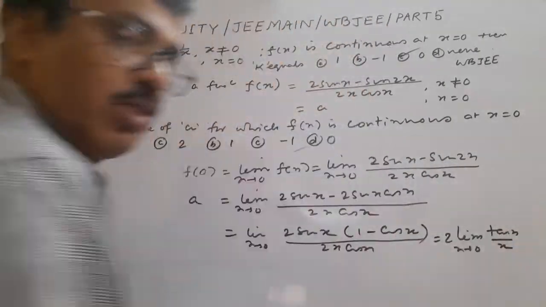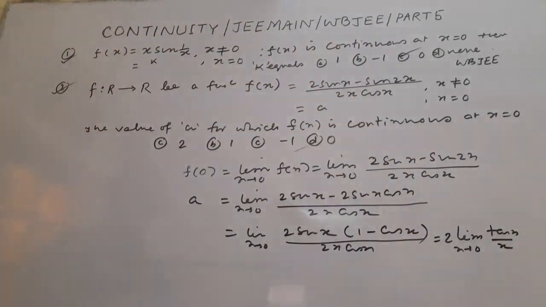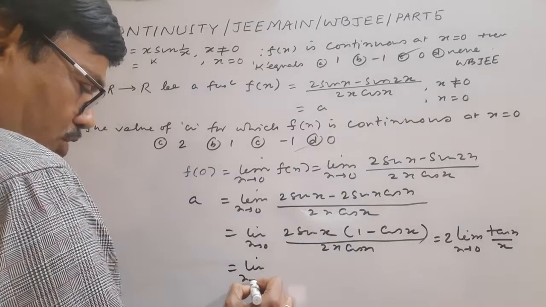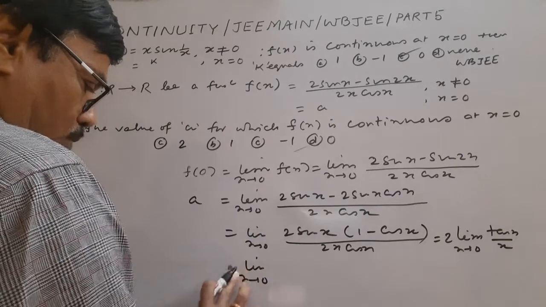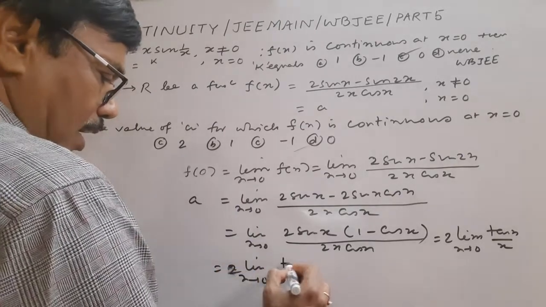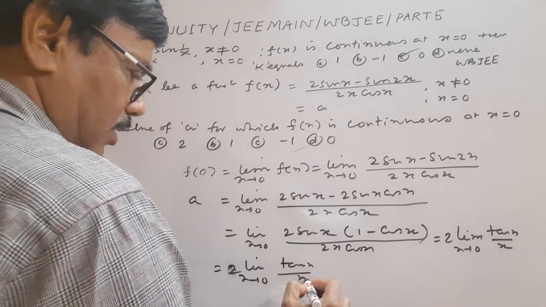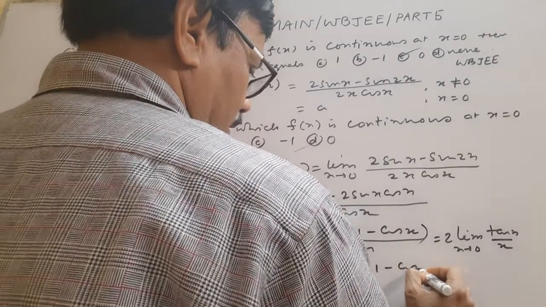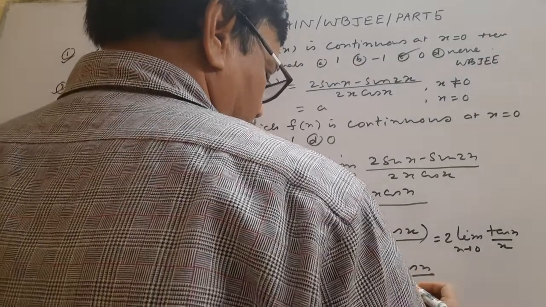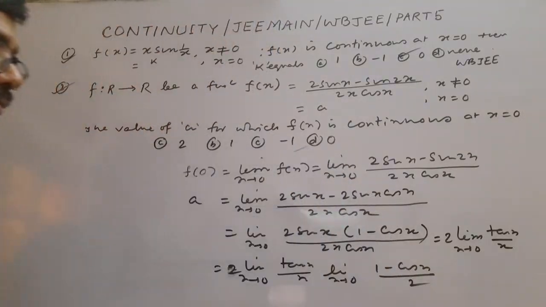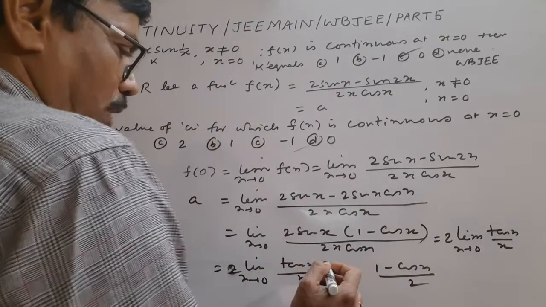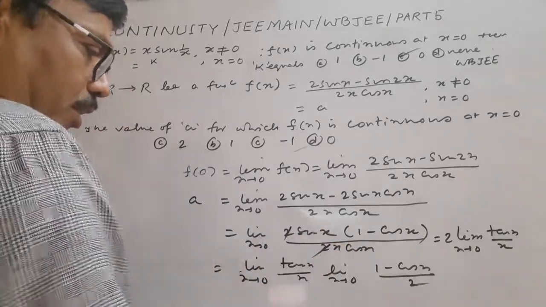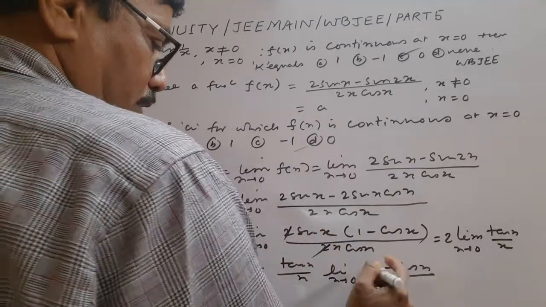So, this is well known, limit tan x by x. So, limit x tends to 0, 2 outside, tan x by x into limit x tends to 0, (1 minus cos x) by 2. Sorry, 2 to cancel. So, no need of writing this. 1 minus cos x.